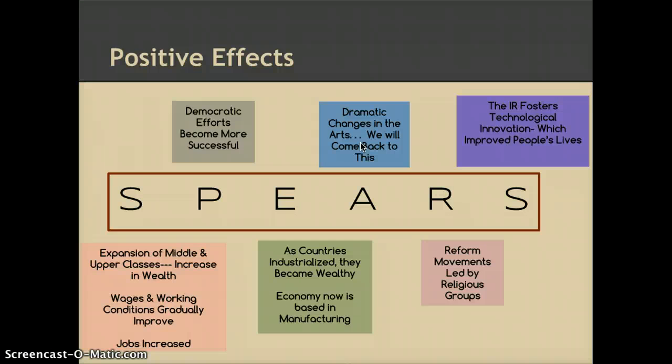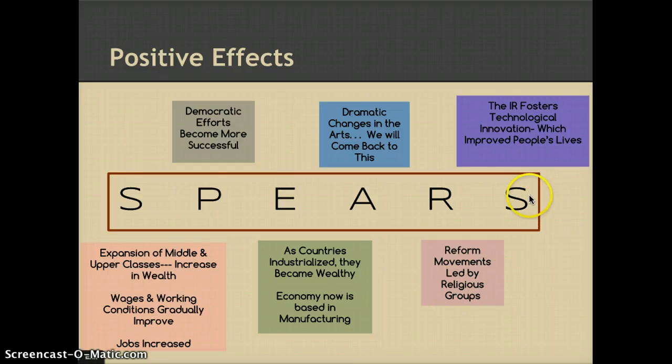And so art and what it means to society starts to change. Religion, I don't know if we see too much change within religion, but certainly different institutions of religion change to adapt to the changing society. But mostly a lot of the reform movements that we'll talk about in the next section are led by religious groups, right? They will address some of the problems in the working class.